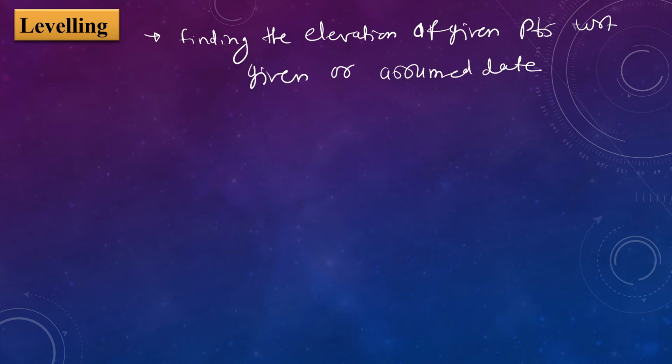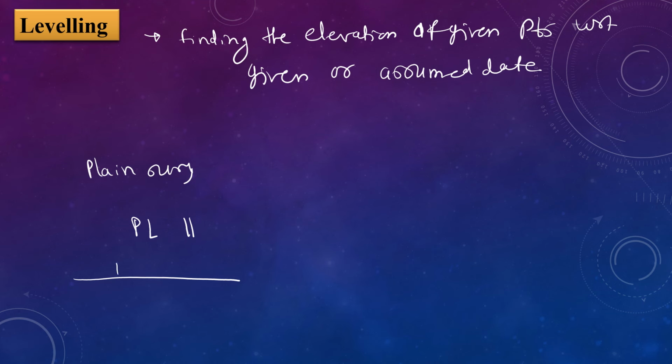In case of leveling, two surveys are done. First one is plane survey, second is geodetic survey. Plane survey is considered when the area is less than 250 meters square, and geodetic survey is considered when the area is more than 250 meters square. In case of plane survey, the plumb lines are parallel.